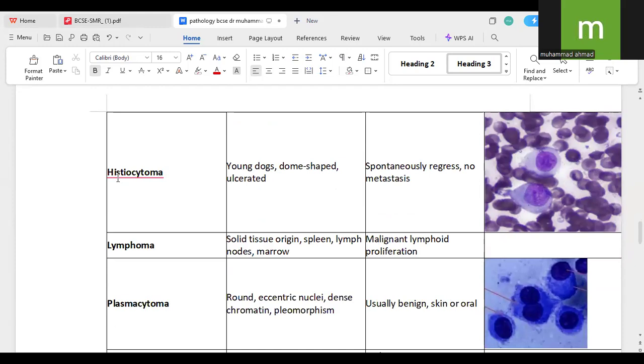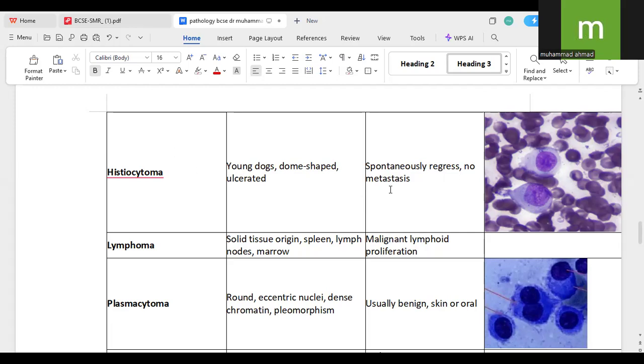Histiocytoma. Young dog, dome shaped, ulcerated. Basically, this is a tumor of the immune cells. Histiocytoma: young dogs, dome shaped, ulcerated.